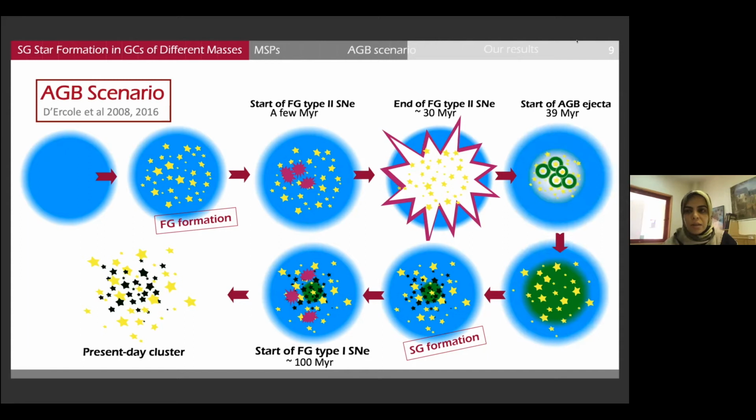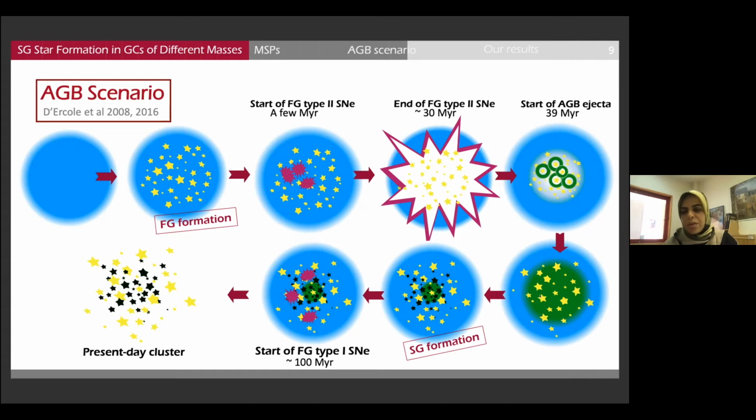And 10 million years later, the ejecta from AGB stars is retained in the cluster, and over the same time period, the pristine gas from the ISM can be accumulated into the cluster. So we have processed gas, I mean AGB ejecta, and unprocessed gas, I mean pristine gas.